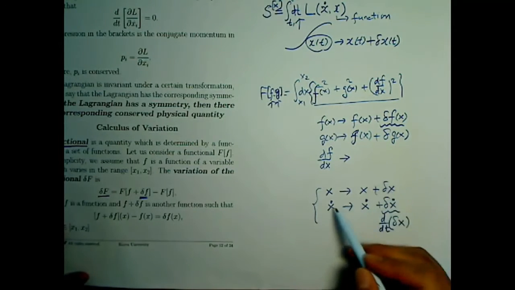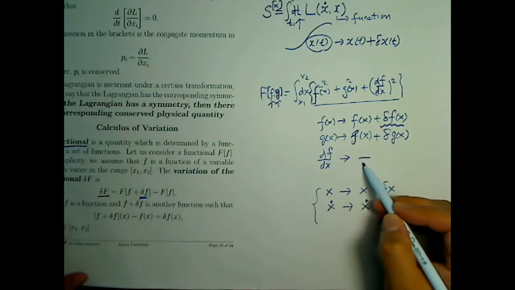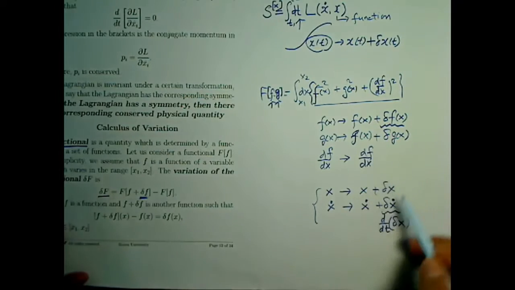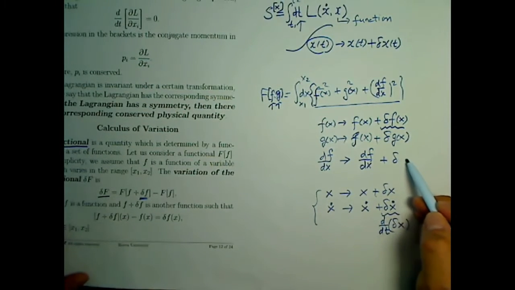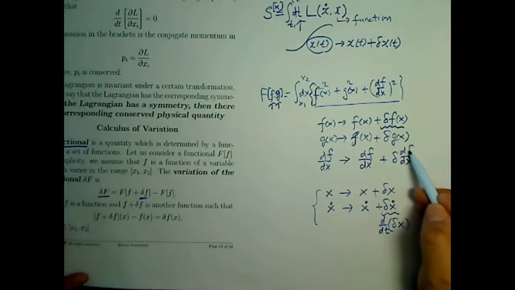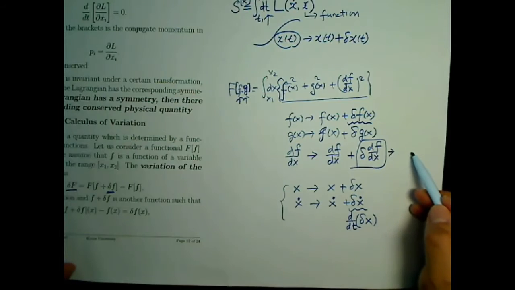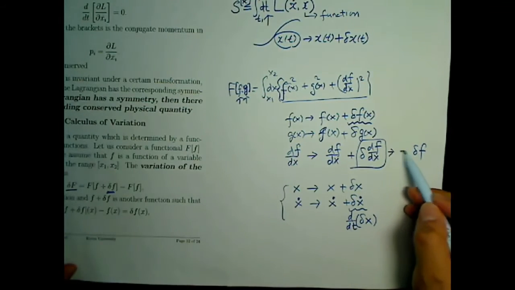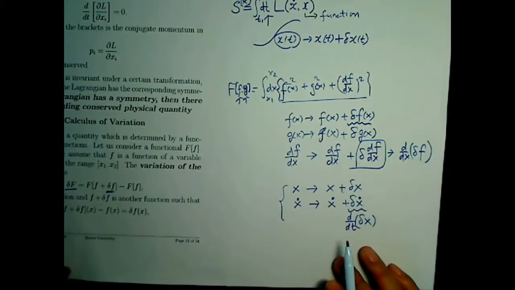So this derivative, just like x dot, is varied, plus the variation of this. And the variation of the derivative of a function is actually the derivative of the variation of this function. Okay?